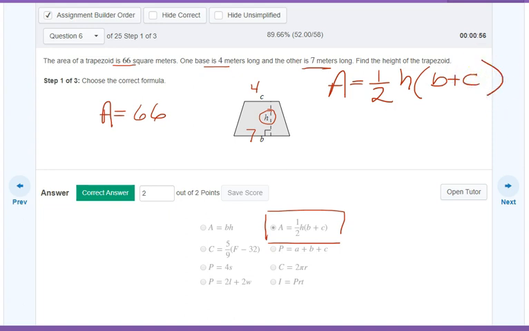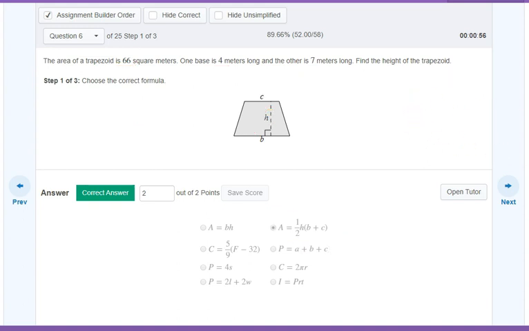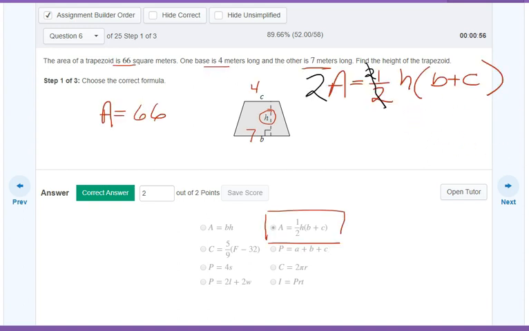So the protocol for doing this is to get rid of that fraction. This is all one term. So multiply each side of the equation by 2. So here the 2's cancel out.